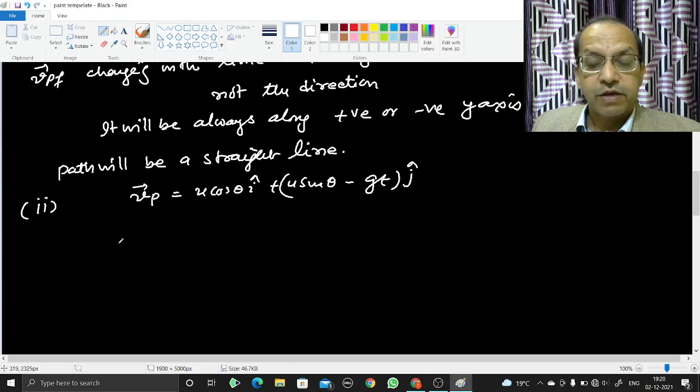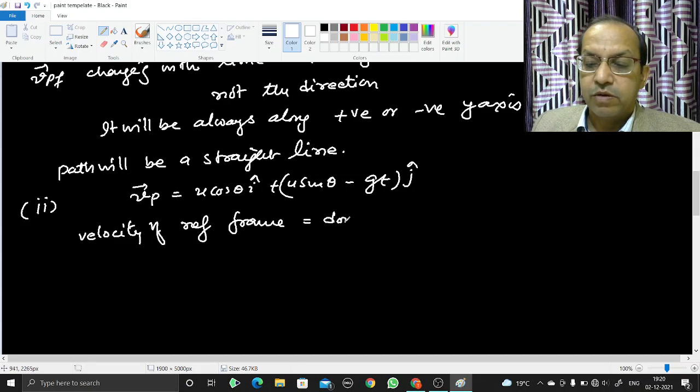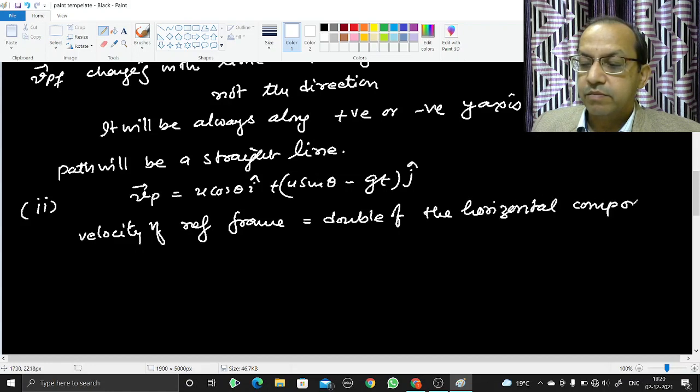The velocity of the reference frame is double the horizontal component, and the horizontal component was u cos theta i cap, so vf equals 2u cos theta i cap.